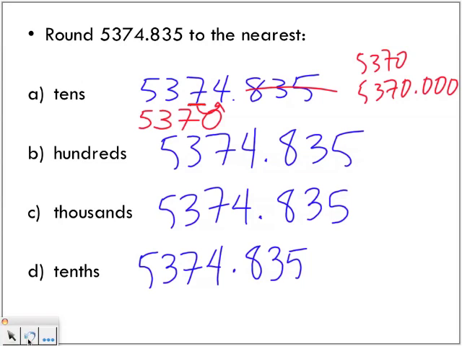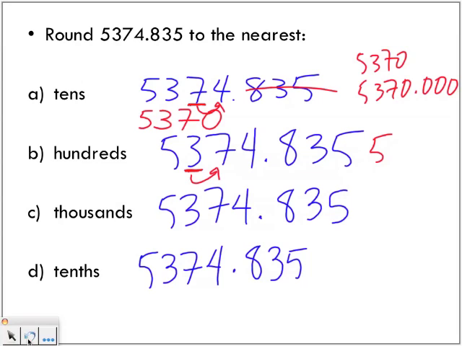Okay. Next one. Where's the hundreds? Which one am I going to underline? The 3. So I'm going to look at the number immediately following it. What happens to this 5 here? It stays, right? So we have a 5. What happens to the 3?